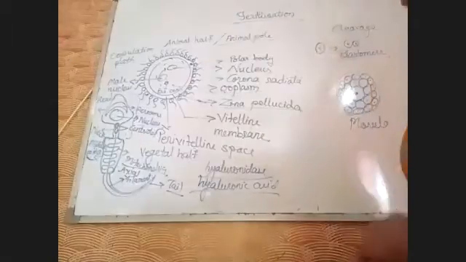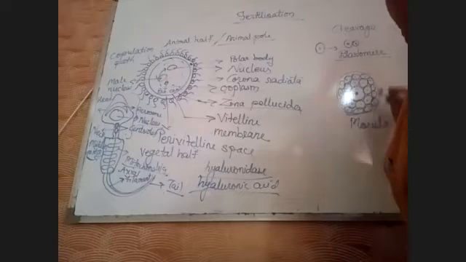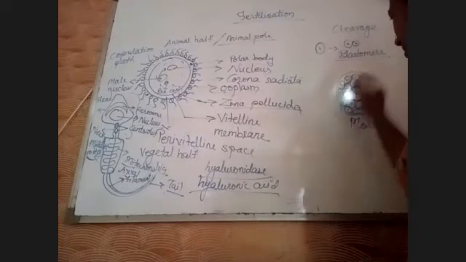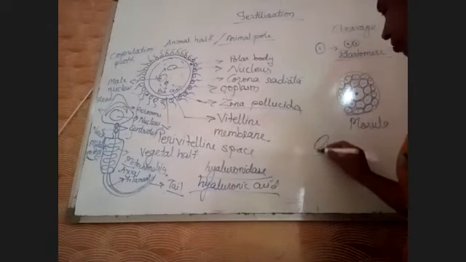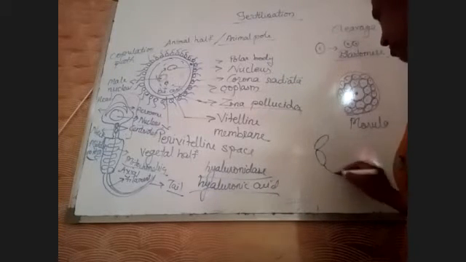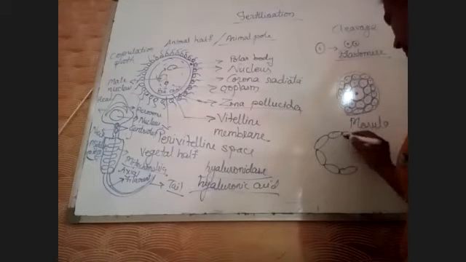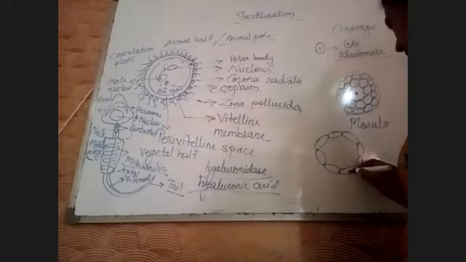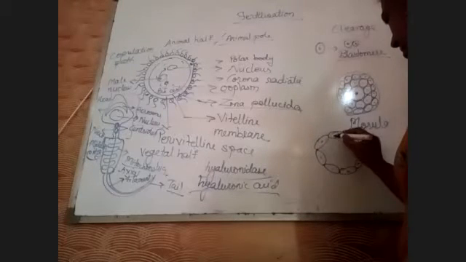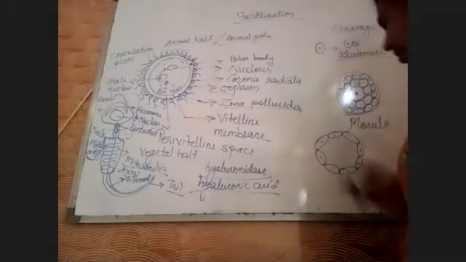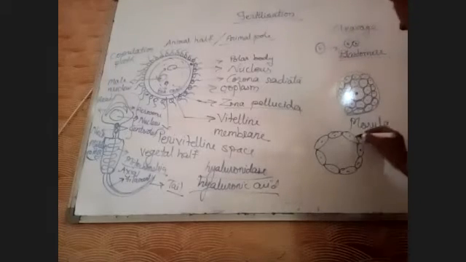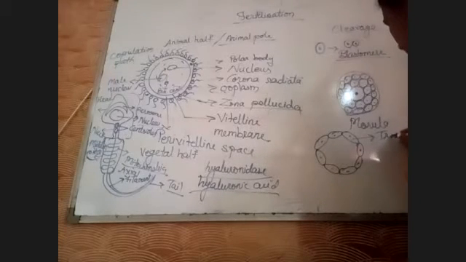Because of it, the blastomeres which are present outside will become swollen and flattened like this. Then we call it a trophoblast.